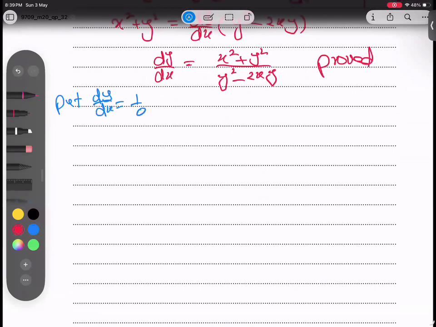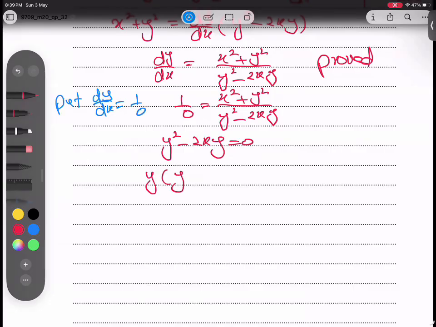So when I put 1 by 0 here, and copy and paste this here, cross multiply this into 1 and this into 0. So I'm getting y to power 2 minus 2xy equal to 0. I will take y common, so y times (y minus 2x). So either y equals 0, one choice, or y is equal to 2x. Two choices we have.